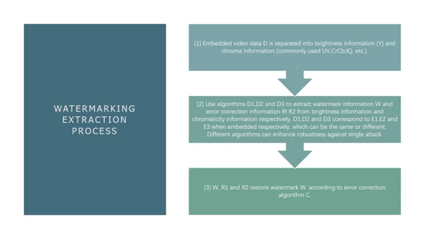However many algorithms you used in the embedding process, you need to use the same number in this step to extract the watermark information W and the error correction information R1, R2 from the brightness information and chroma information respectively, and D1, D2, D3 correspond to E1, E2, E3 when embedded respectively.